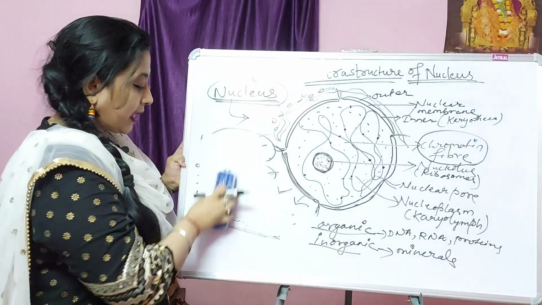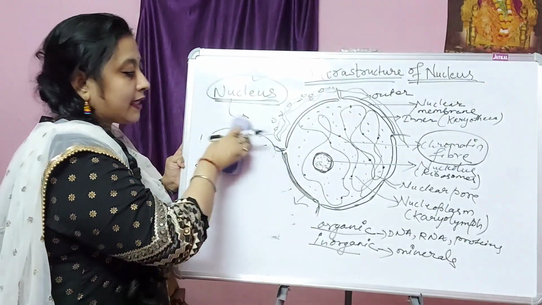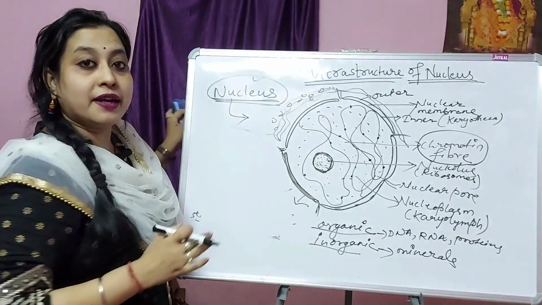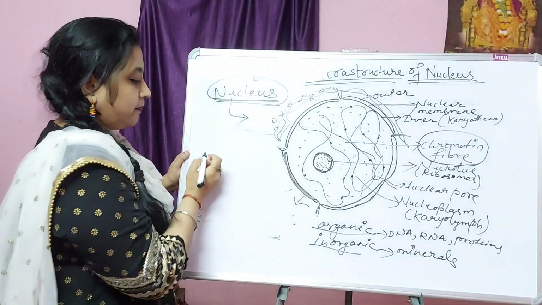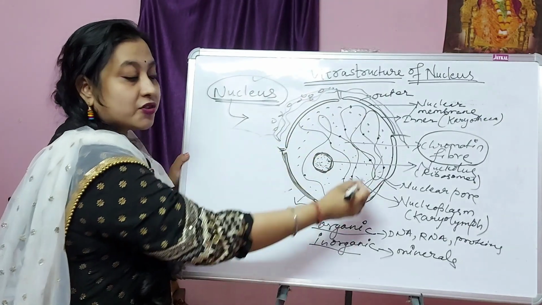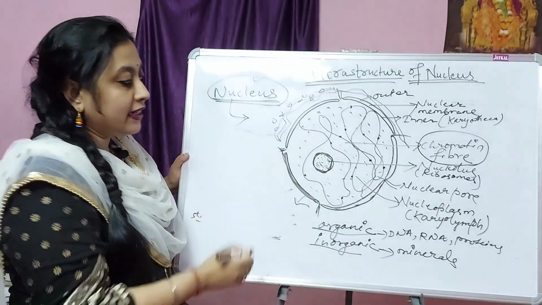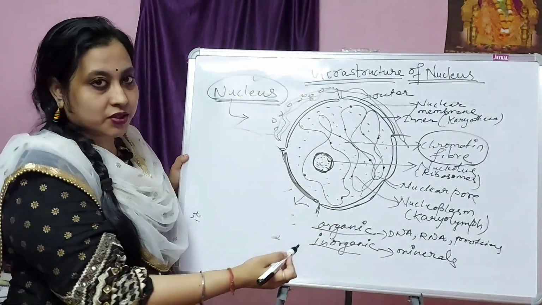This chromatin fiber is made up of DNA and proteins, and this is the ultrastructure of the nucleus at interphase. At interphase, it looks like a thread-like structure.